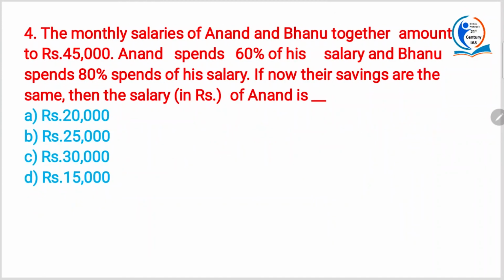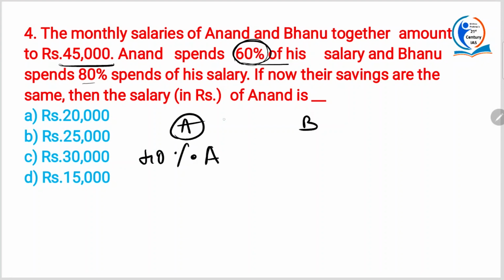Alright? Now, the monthly salaries of Anand and Bhanu together amount to rupees 45,000. Anand spends 60% of his salary and Bhanu spends 80% of his salary. If their savings are the same, then the salary of Anand is? If Anand spends 60%, that means his saving percentage is 40% of his salary.